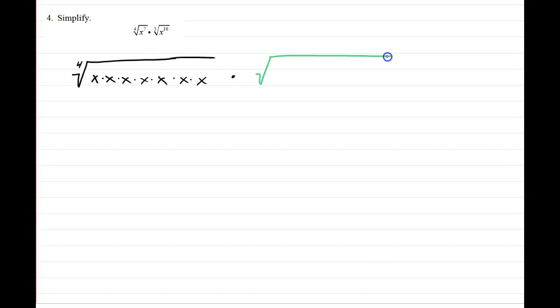Alright, now for this problem, you can think of it the same way. This is the 4th root of x to the 7th times the 5th root of x to the 10th.